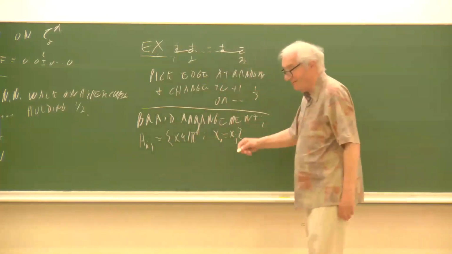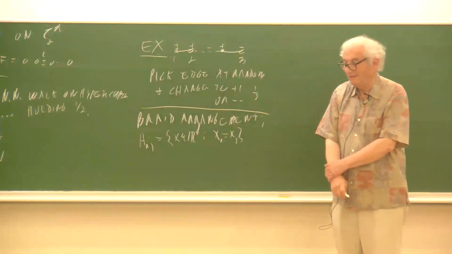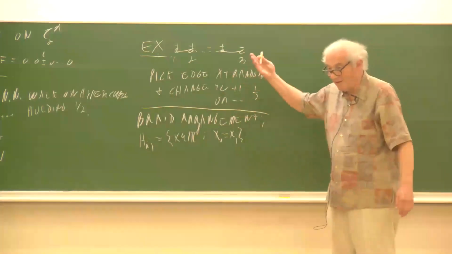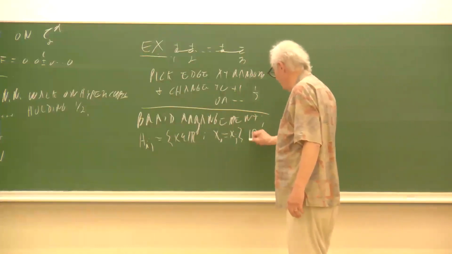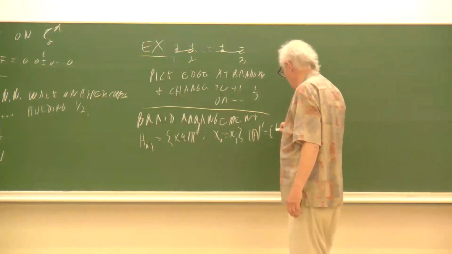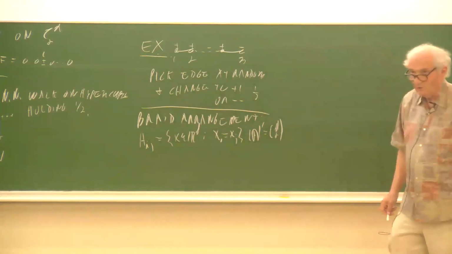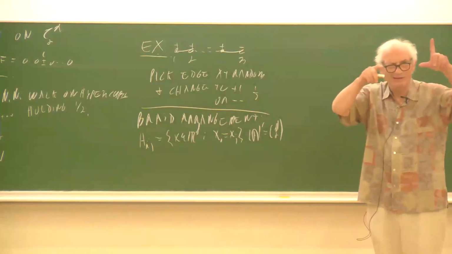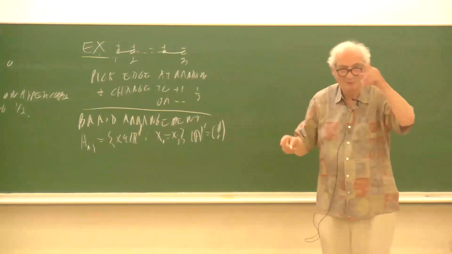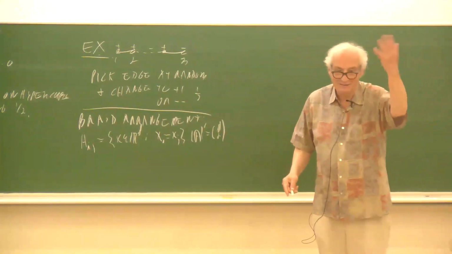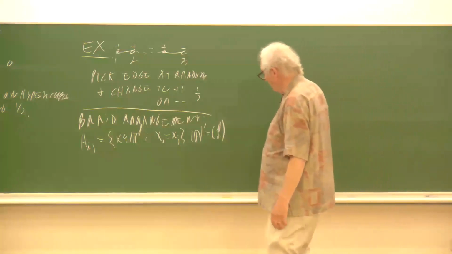So whatever else it is, it's a codimension 1 subspace. These aren't affine, they're actual hyperplanes, and the number of hyperplanes is d choose 2. In 2 dimensions, we all know x is less than y, x is bigger than y. These are familiar things. So what are the chambers?